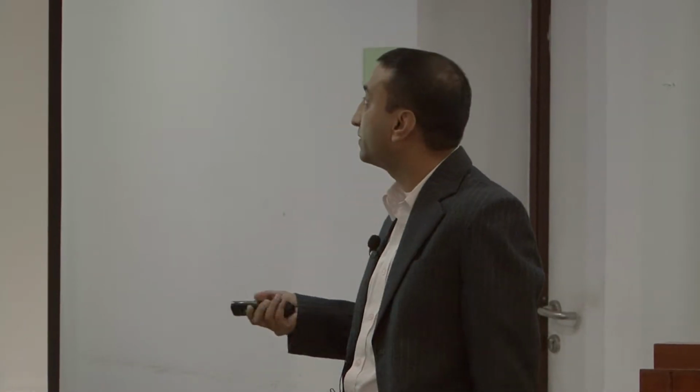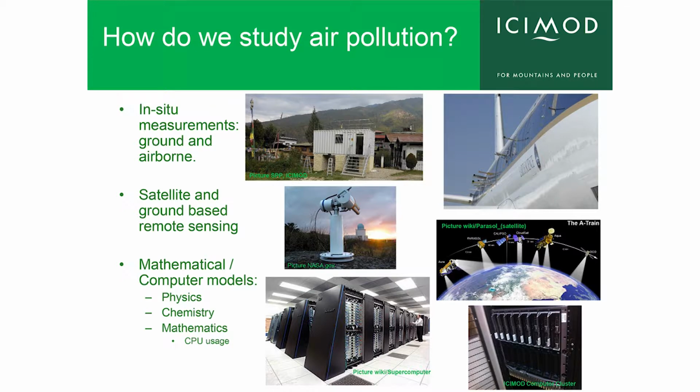How do we study air pollution? Okay, there are several aspects. One is in situ measurements. It could be ground-based or airborne-based. Here is a picture of airplanes when you're looking at how pollution flies to the Antarctic, or over the Himalayas and is causing glacier melting. You actually have airplanes where, in your windows, there are probes where you can sample air that's coming in, and you measure in real time while you're flying.